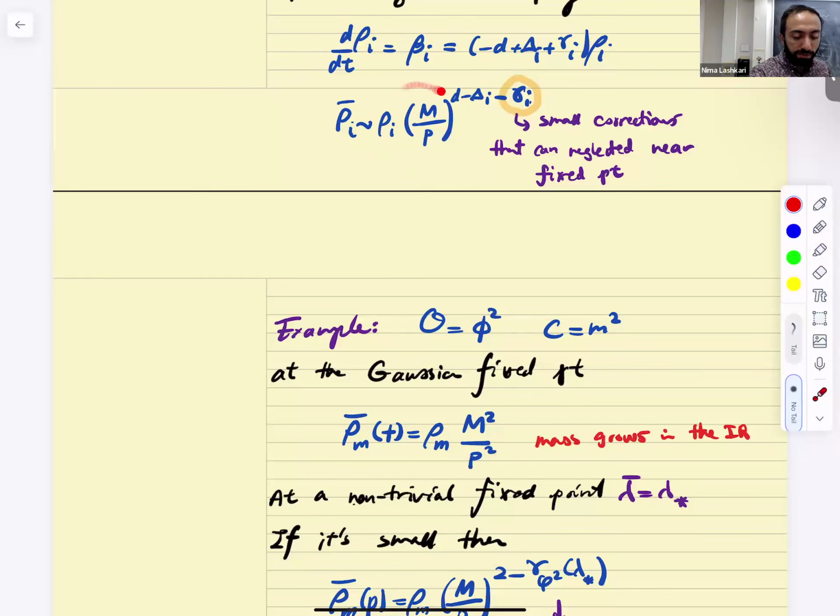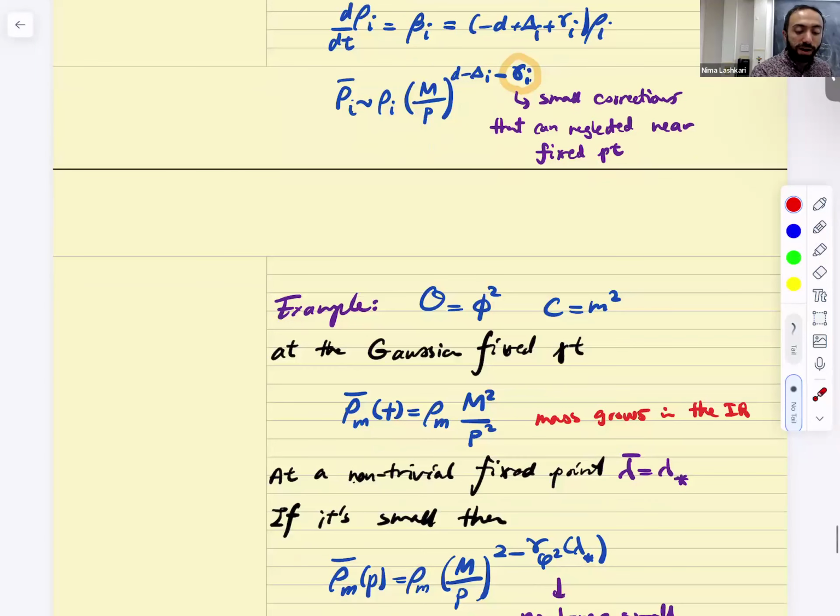This dependence comes from the power d minus delta_I, which is d minus (d minus 2), because each phi is (d minus 2) over 2, so phi squared is d minus 2, and d minus (d minus 2) is just 2. So it's M squared over p squared. This means that mass grows in the IR.